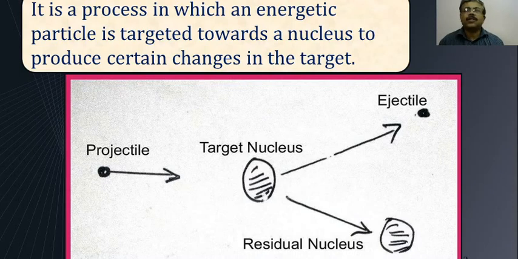The particle which is targeted towards a specific nucleus, we call that the projectile. And it is the target nucleus which receives the projectile, gets collided, and after that, the transformed nucleus which we get, we call that the residual nucleus, and finally the particle which is coming out of the reaction is known as the ejectile.